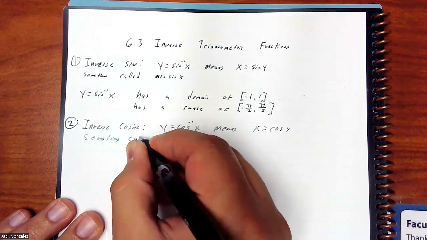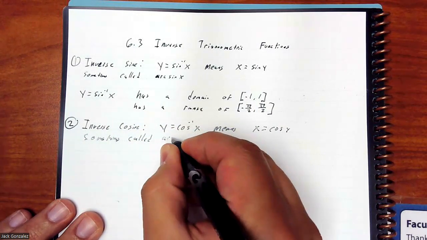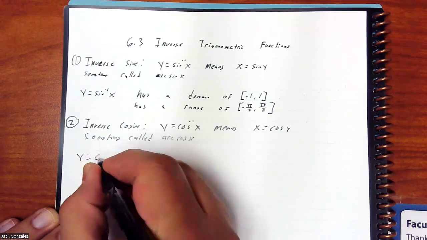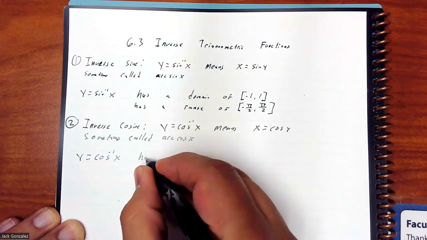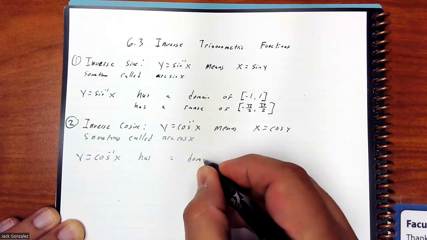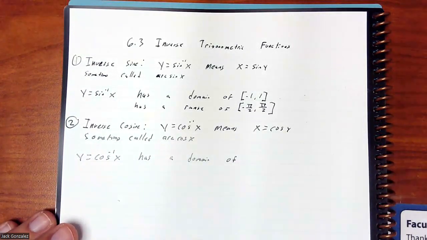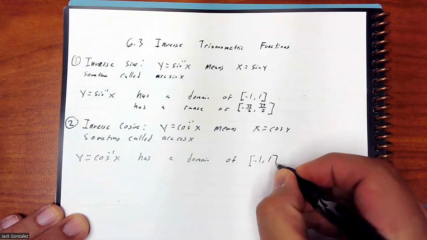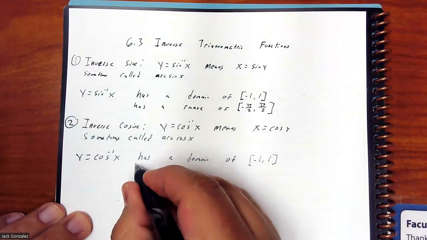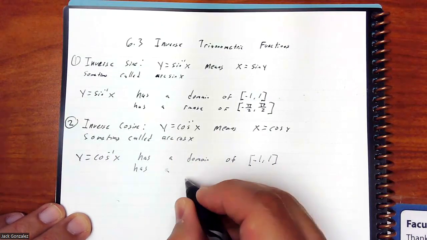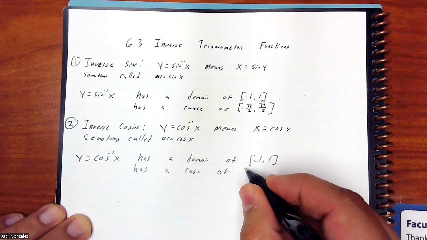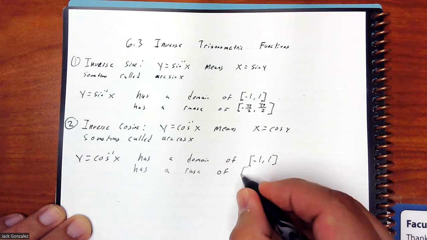Sometimes called arccosine. So y equals cosine inverse of x has a domain of -1 to 1 and has a range of 0 to pi.